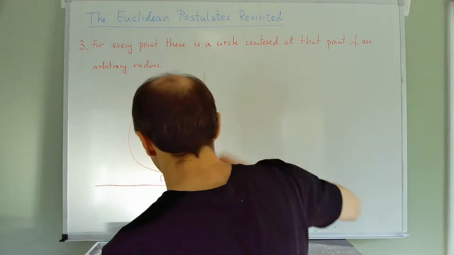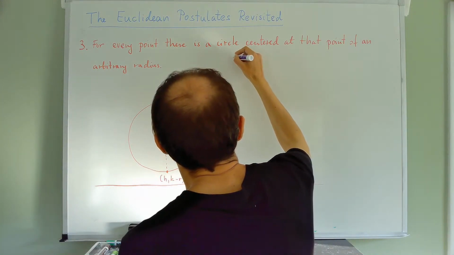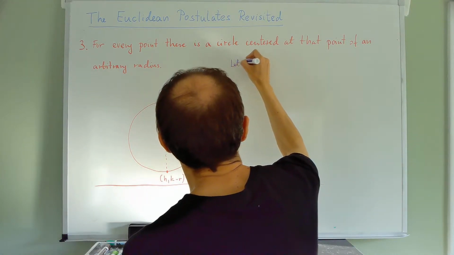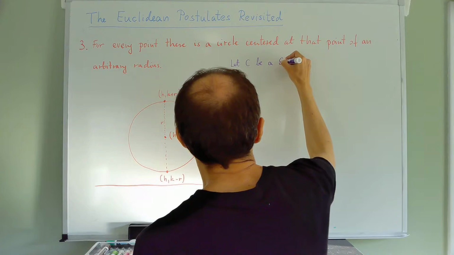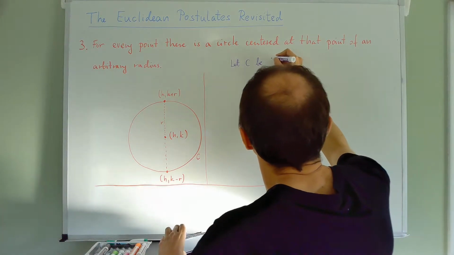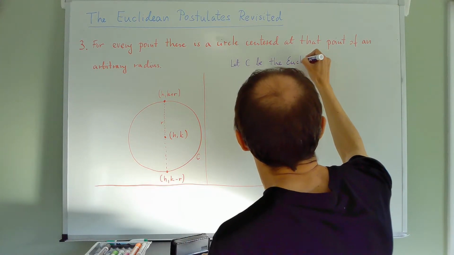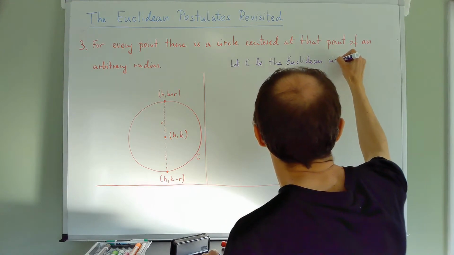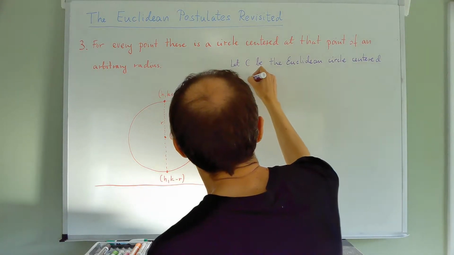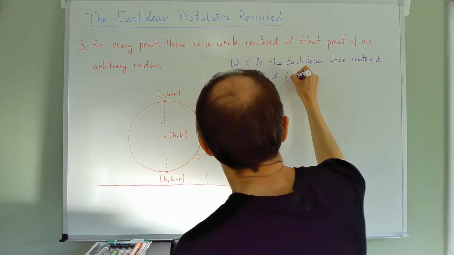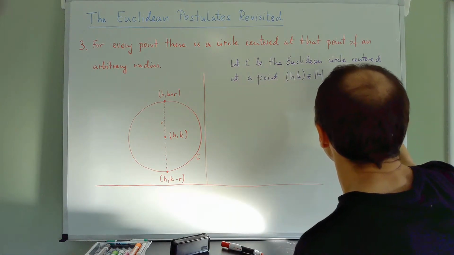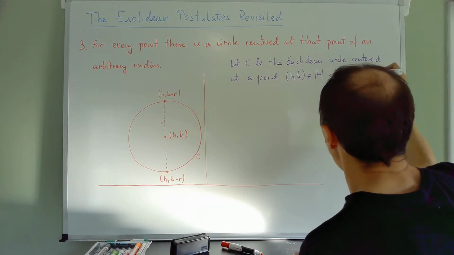So let's call this C. So let C be the Euclidean circle centered at a point hk on the hyperbolic plane of radius r.